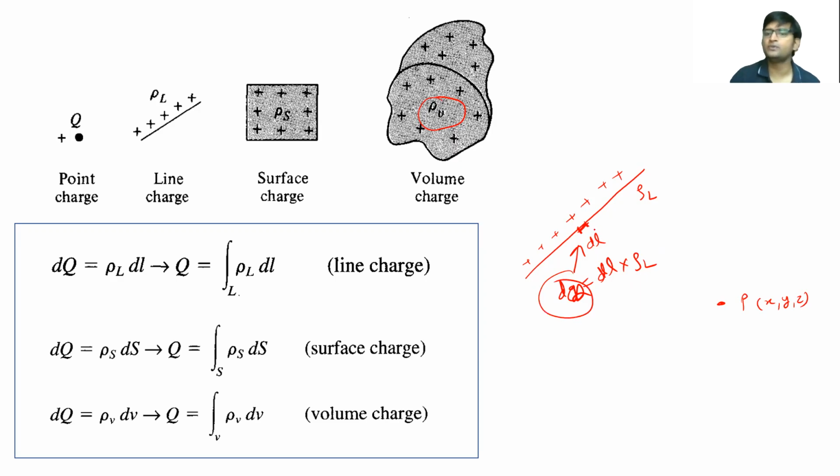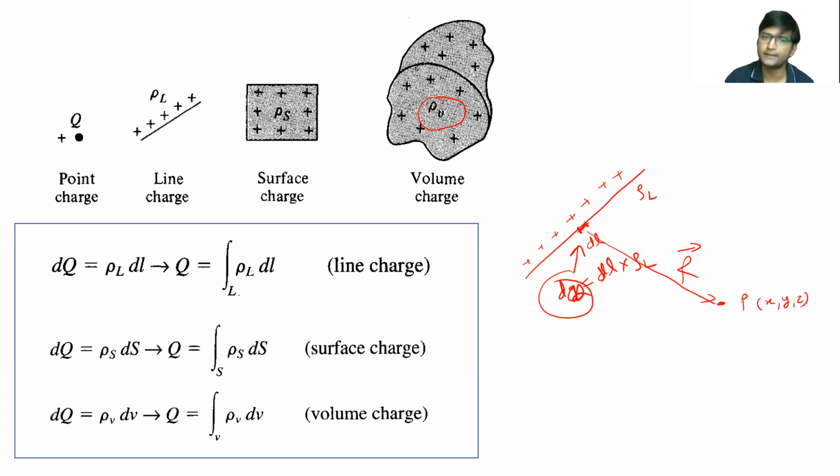And the other thing that you will need to find the electric field is this vector r. As we discussed in the previous lecture, you will need a vector r that connects the point at which you want to find the electric field and the charge element. So exactly the same thing we will be doing.